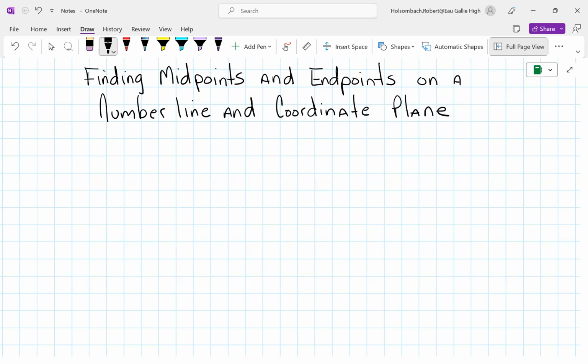We're going to be finding midpoints and endpoints on a number line and on the coordinate plane.